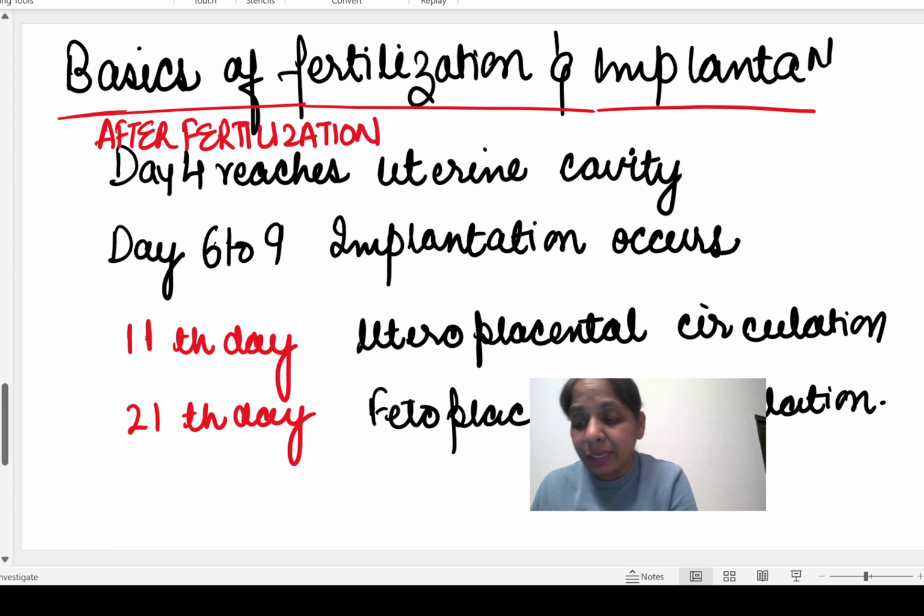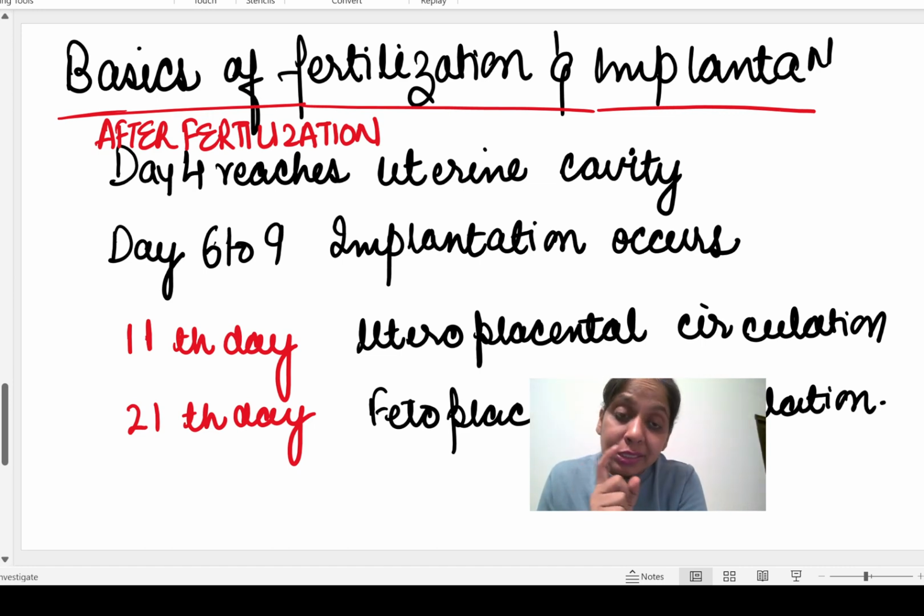You all know that fertilization occurs in the fallopian tube. Then this zygote, in the form of the morula, reaches the uterine cavity at day 4, when the zygote has become the morula. Okay, so basics of fertilization and implantation, what is it?